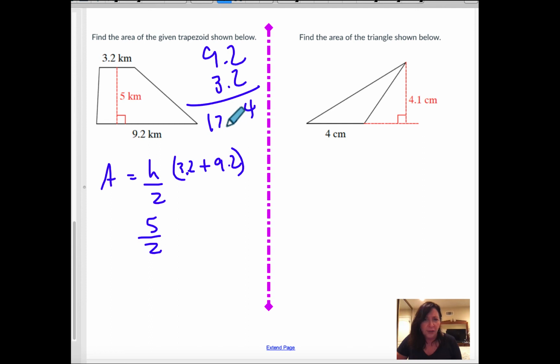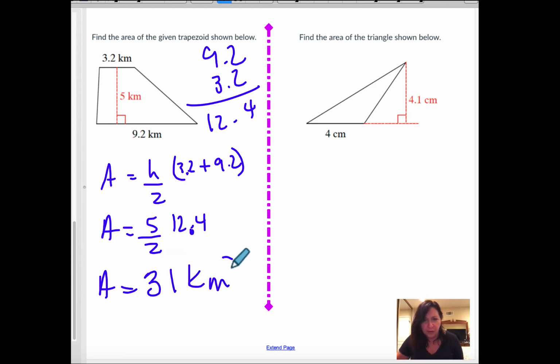That's 12.4. So 12.4 divided by 2 is 6.2, and 6.2 times 5 gives me 31. So my area is equal to 31 kilometers squared.